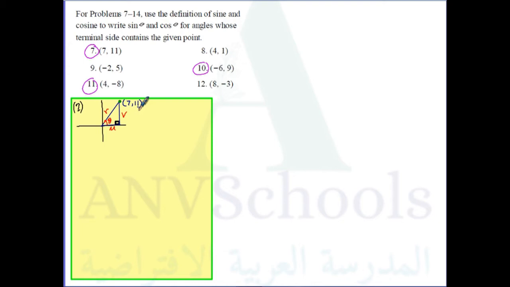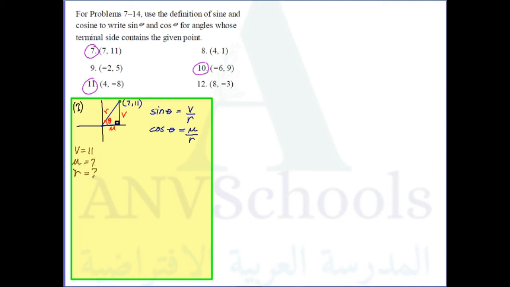So what is the definition of sine of the angle? Sine theta is equal to u over r. Am I correct? Or v over r? It's v over r: the opposite of the angle over the hypotenuse. Our hypotenuse is r. Cosine theta is equal to u over r. But we don't have our r. We have v, which is 11, and our u is 7, so we have to compute r.